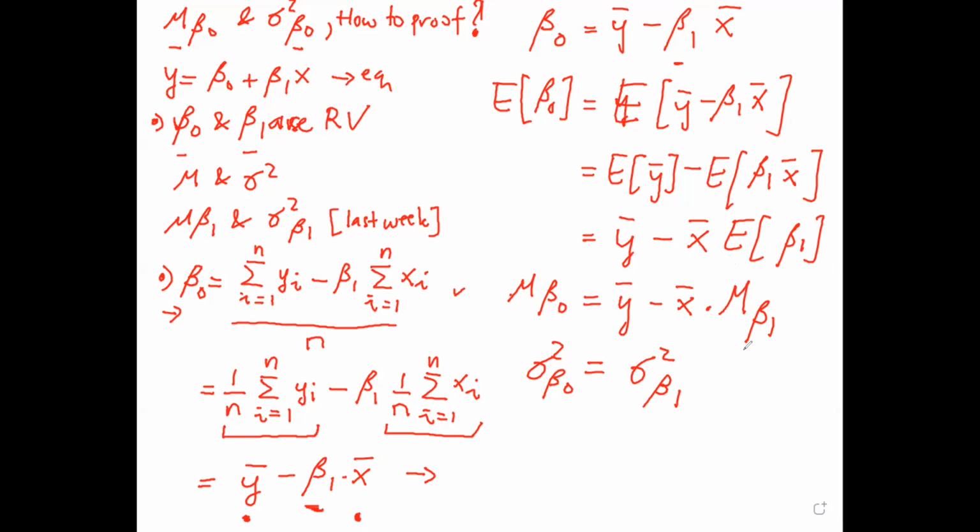So in this case, the variance of beta 0 is equal to the variance of beta 1. Because it's constant, it is equal.